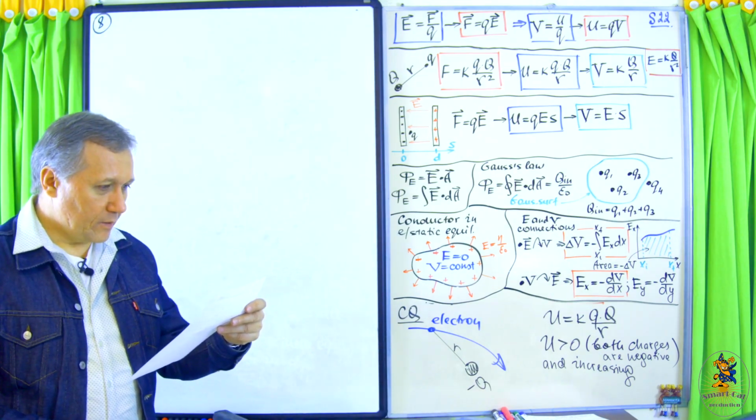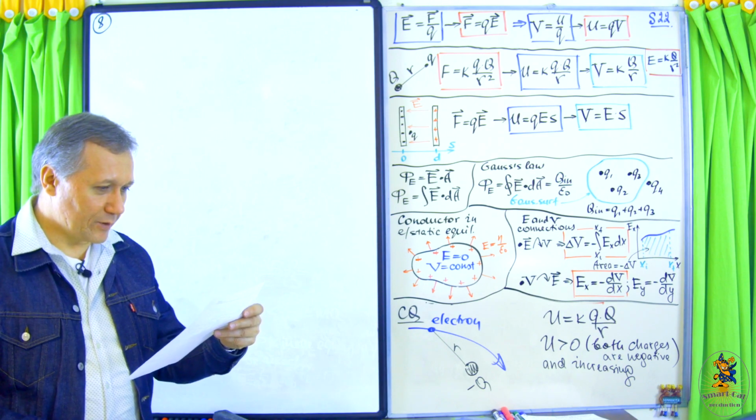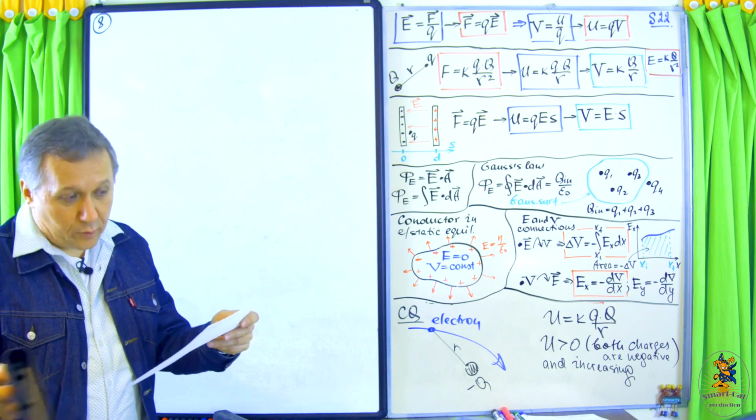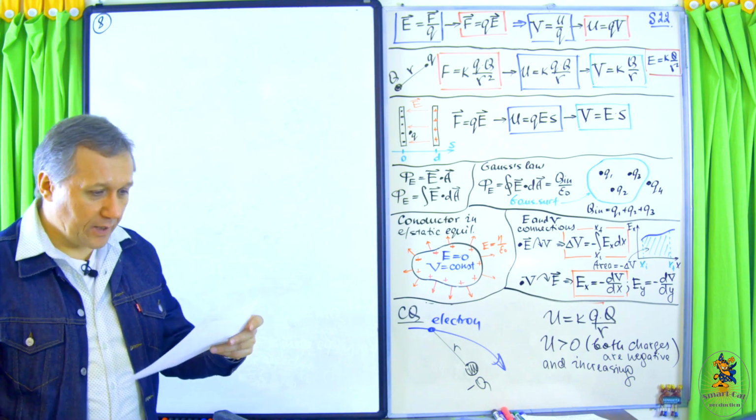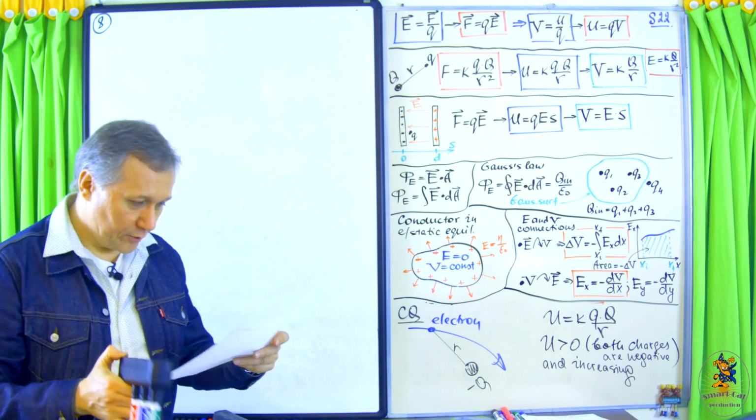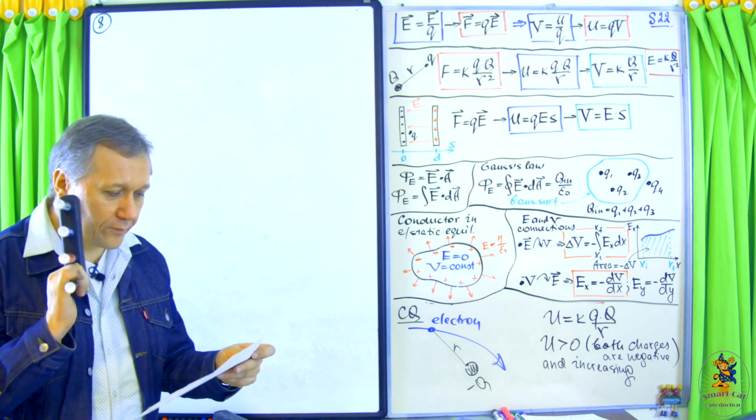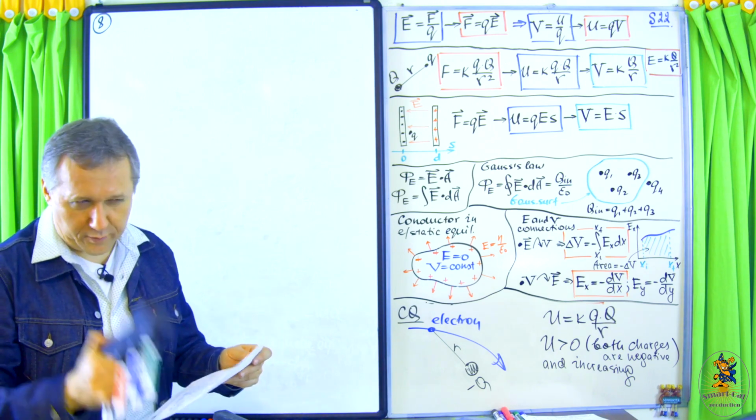So, let me refresh what the situation is. We have a parallel plate capacitor, and there is an electron which is shot from the positive electrode. So there is an initial velocity.